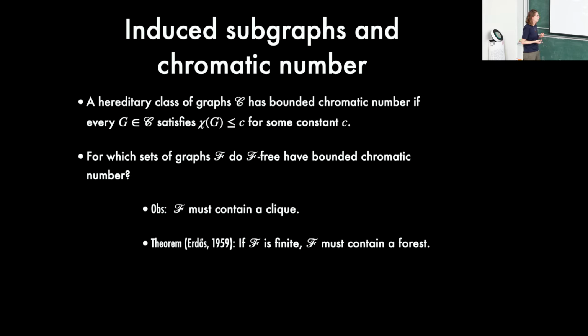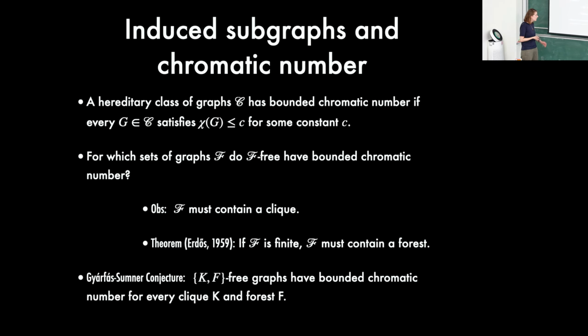So in particular, if your set F does not contain a forest, then the set of F-free graphs cannot have bounded chromatic number. Which led to the following conjecture proposed independently by András Gyárfás and Sumner in the late 70s and early 80s respectively, that whatever clique you exclude and whatever forest you exclude, you end up with a set with bounded chromatic number.